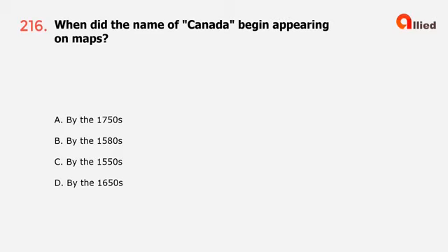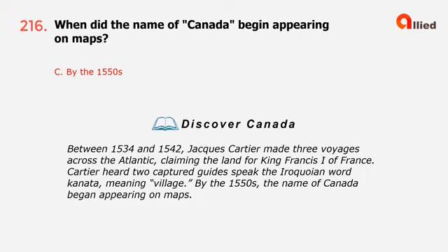When did the name of Canada begin appearing on maps? A. By the 1750s. B. By the 1580s. C. By the 1550s. D. By the 1650s. The answer is C. By the 1550s.